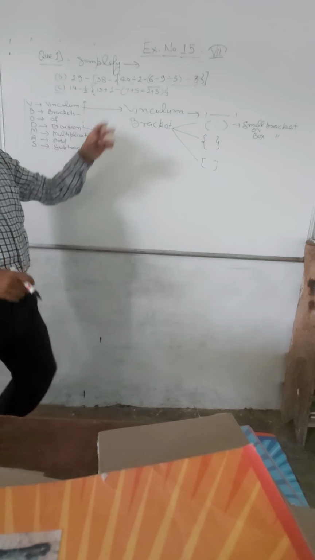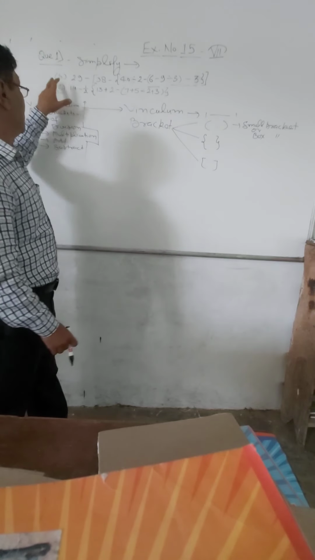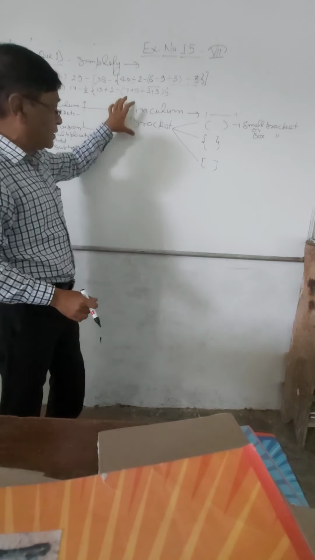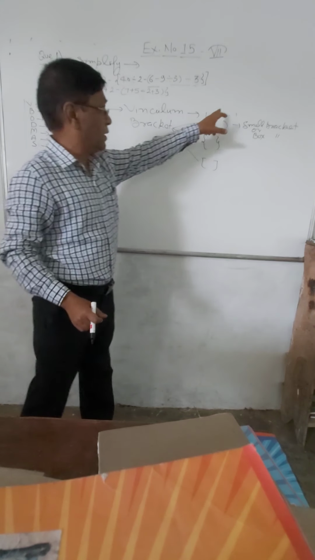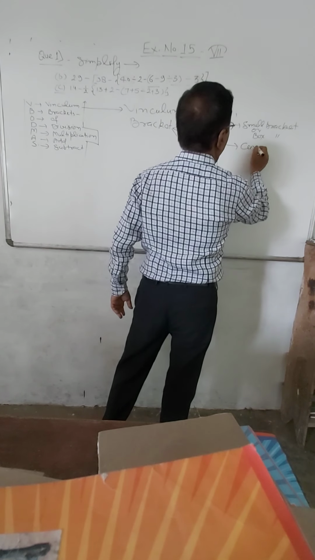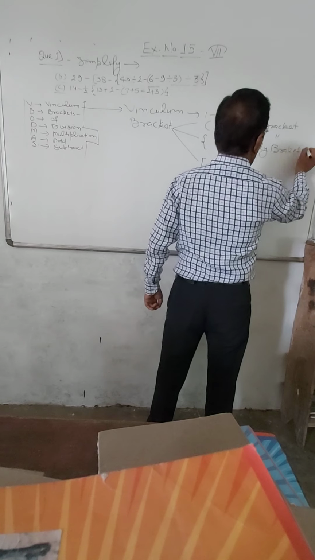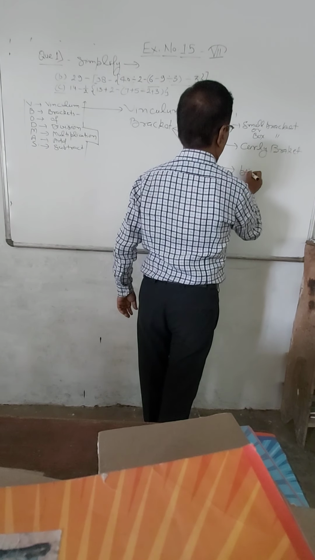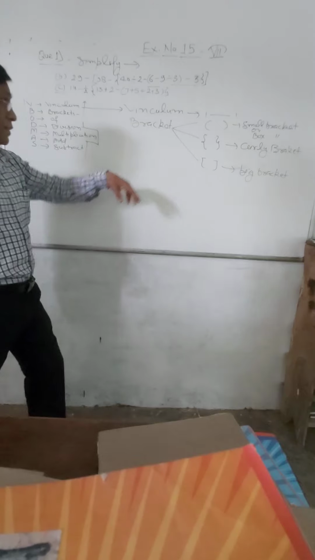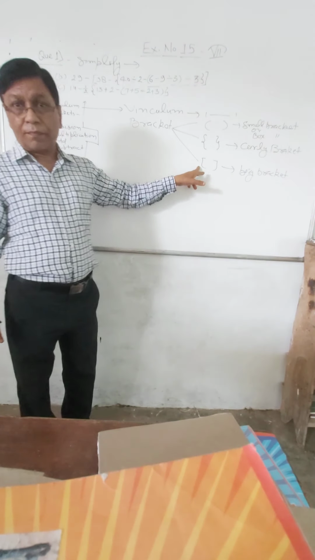If any mixed problem is given with these three brackets, in which sequence should you solve them? First the line bracket or Vinculum, after that the small bracket, then this one, known as the curly bracket, and this is the big bracket.